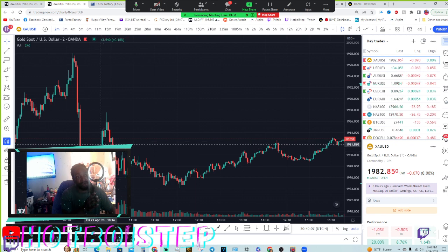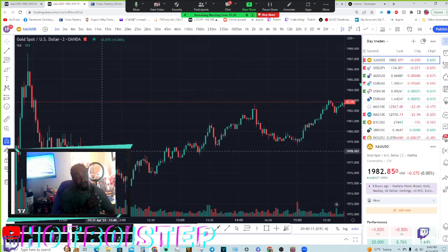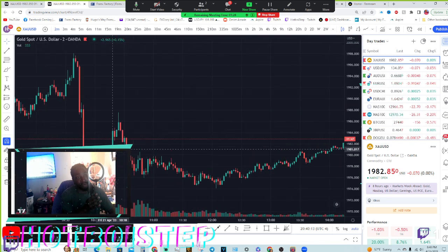I didn't know what it was going to do at this point. It already made a big green candle right here. So I just wanted at least something out of this green candle. So I set my stop loss right here, just in case it shot back down some more. I didn't want to lose.